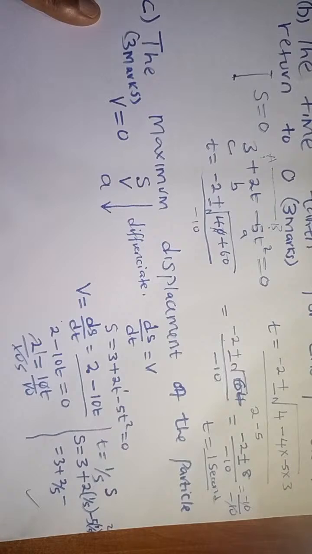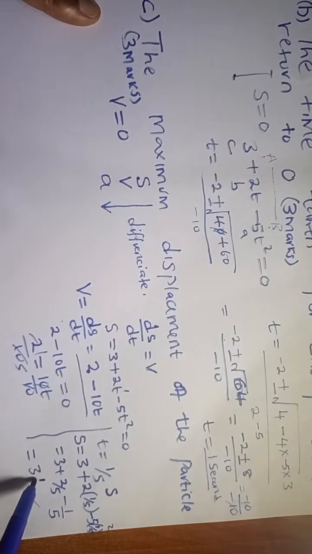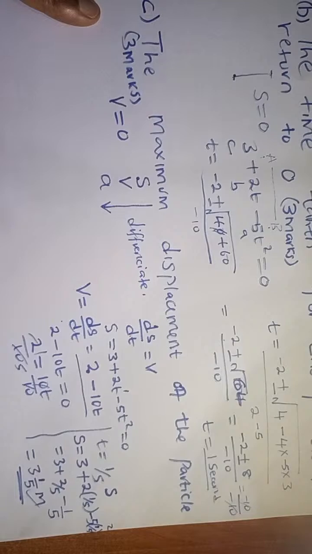So 2 over 5 minus 1 over 5 gives 1 over 5, so the displacement will be 3 1 over 5 meters.